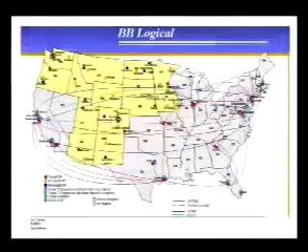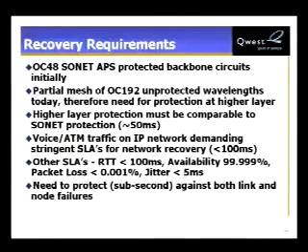So that's a picture of the network, an attempt to prove that we actually do have a network. This slide talks basically about the recovery requirements that were placed upon us when we designed our OC192 network.